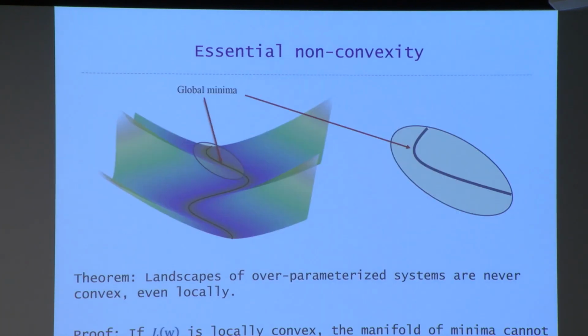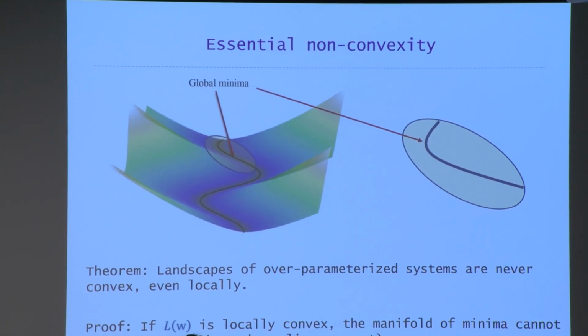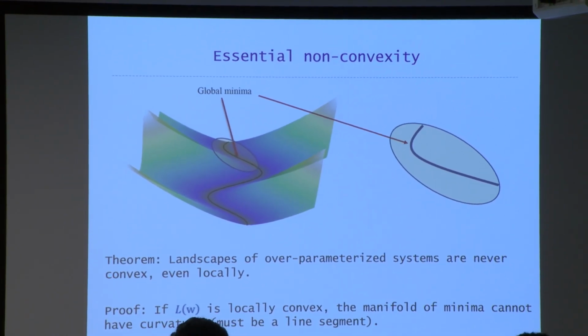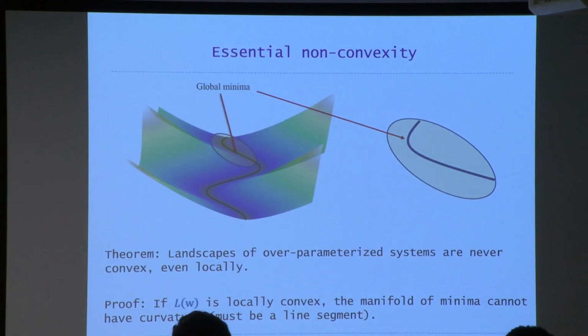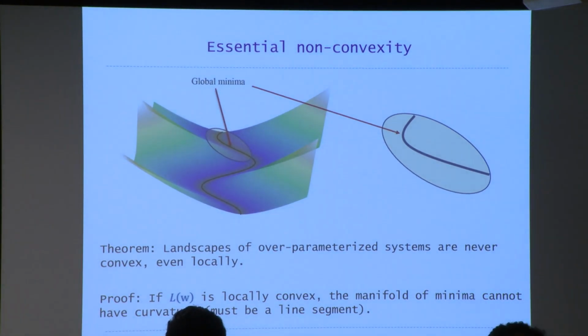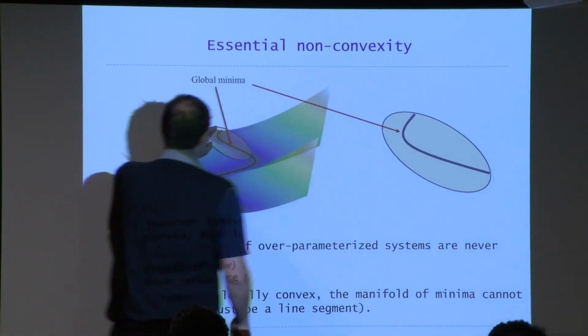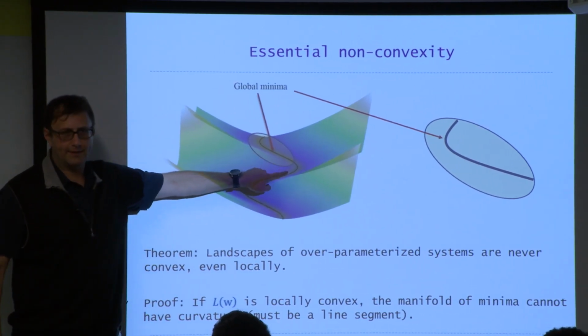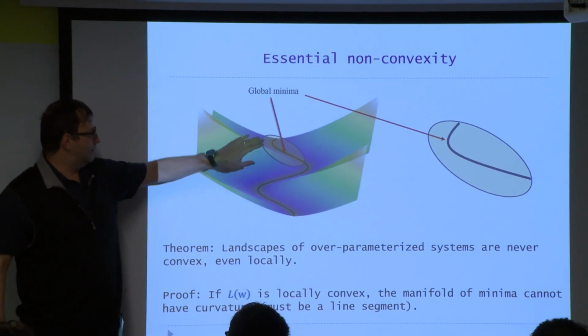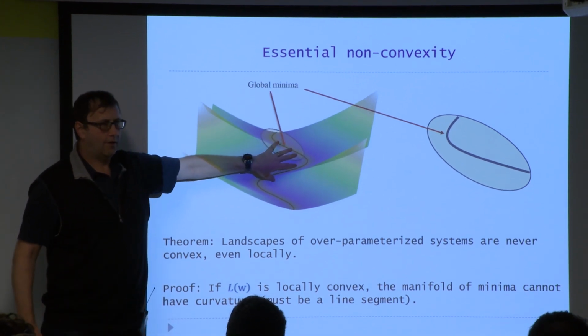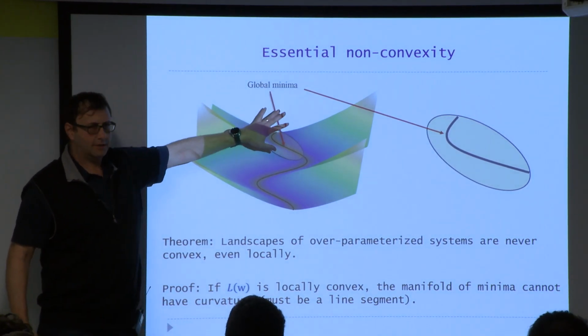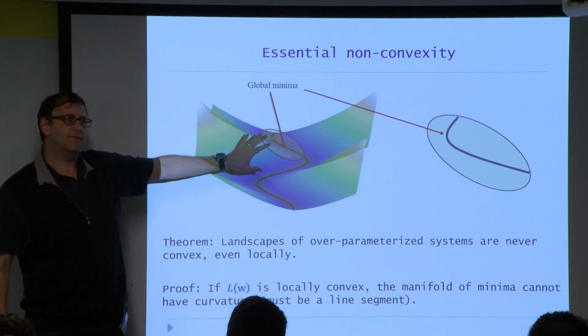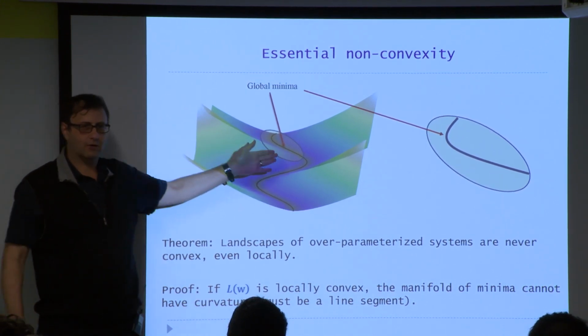Now, interestingly enough, it's really very easy to prove that such landscapes are essentially never convex. What do I mean by this? Well, whenever you have a manifold of global minima, that's a set of minimizers. If my loss function is convex, then the set of minimizers of a convex function has to be a convex set.